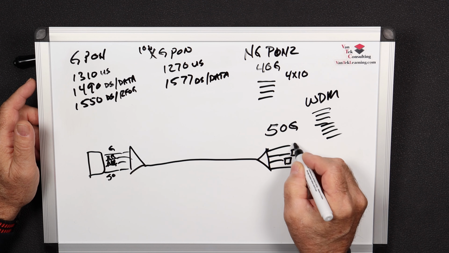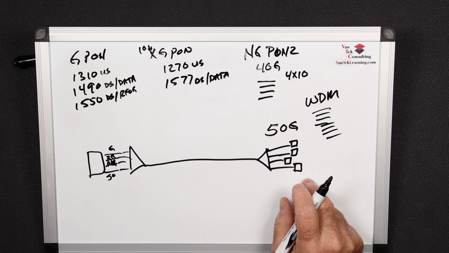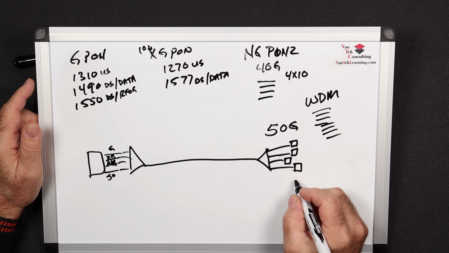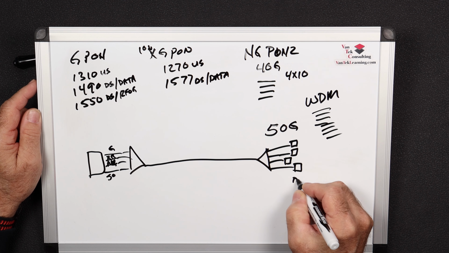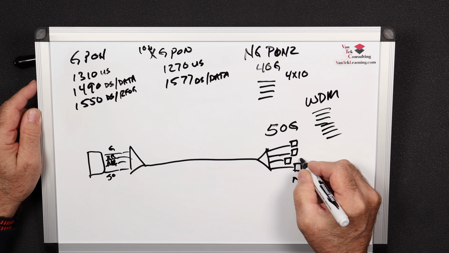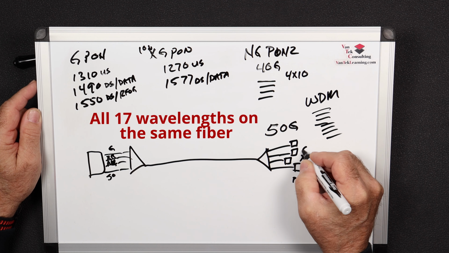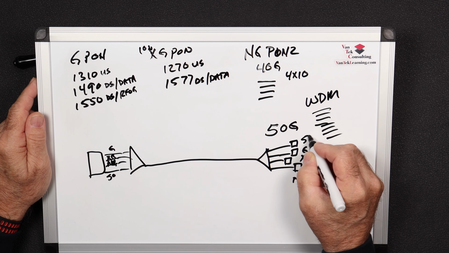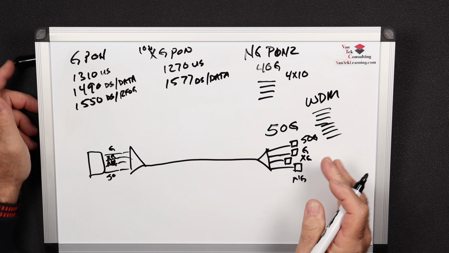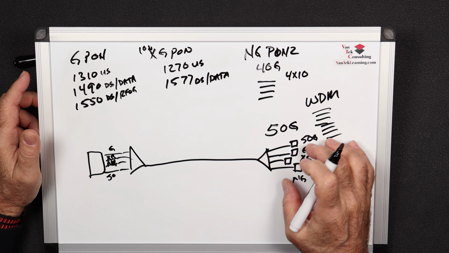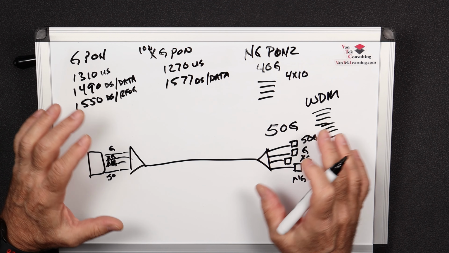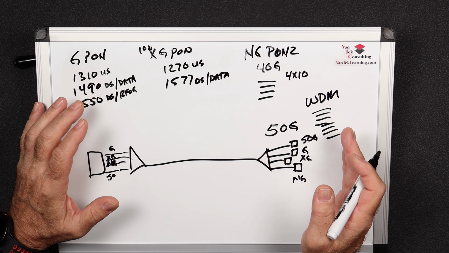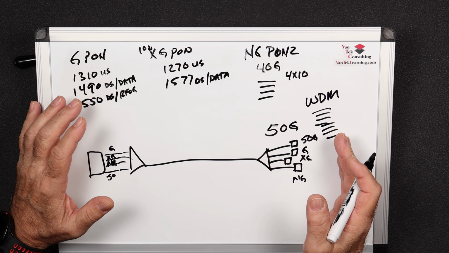And this ONT sitting at the end, your customer's modem, for lack of a better term, is the one that's doing the filter. So this guy here is getting the NG, this is the XG, this is a GPON, this is 50 gig, whatever. So again, the devices down here are what are acting as that tuner and allowing only that wavelength through and utilizing only the information on that wavelength.